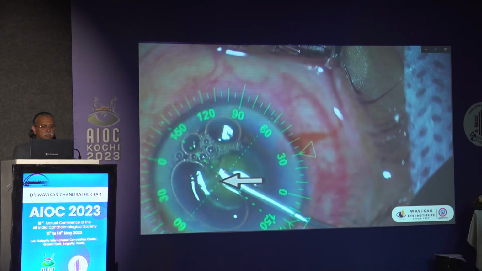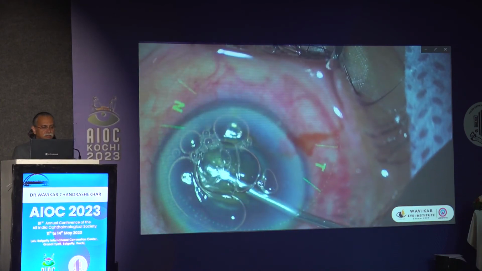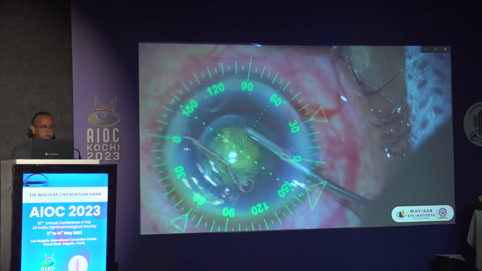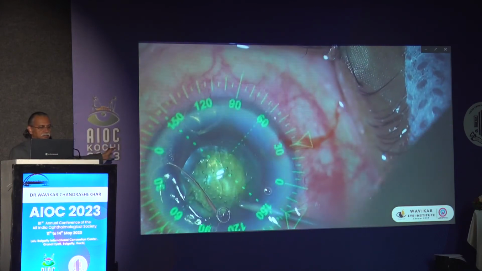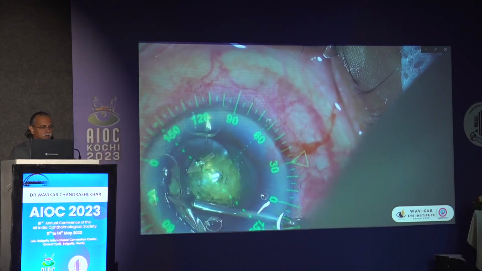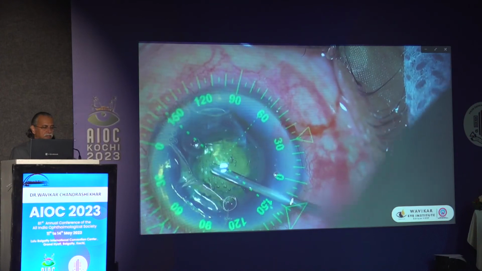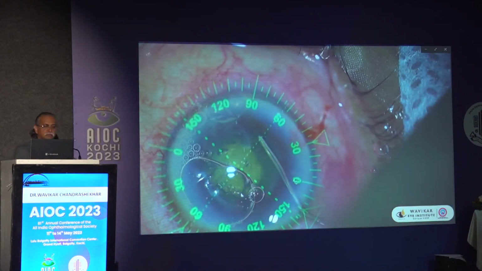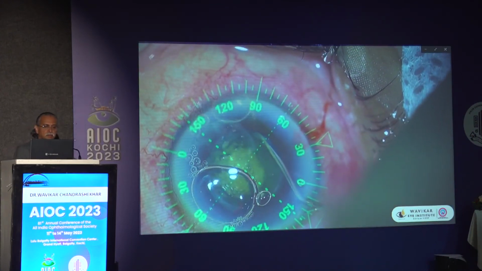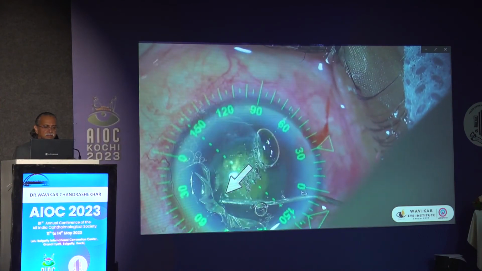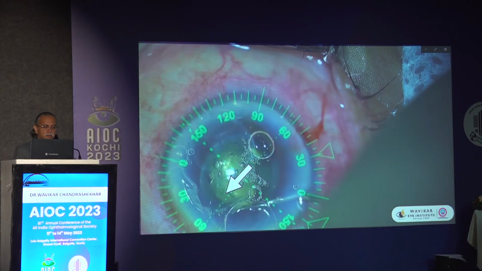You can see that I am just dissecting a membrane out here. This is sign number 1. Now, if you see the air bubble on the extreme left-hand side, you can see that the configuration of the air bubble is not correct, as if there is some membrane in between. Again, same sign.